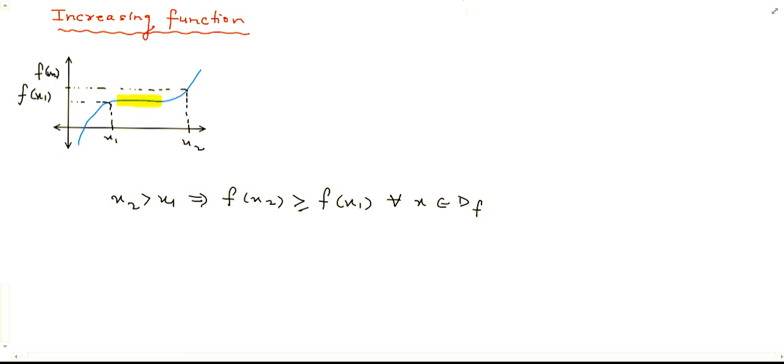And if we compare the x from this region or this region, we find that f of x2 is greater than f of x1. So we have two cases. We can have either f of x2 equal to f of x1 or f of x2 greater than f of x1. And if this condition is fulfilled, then the function is an increasing function.